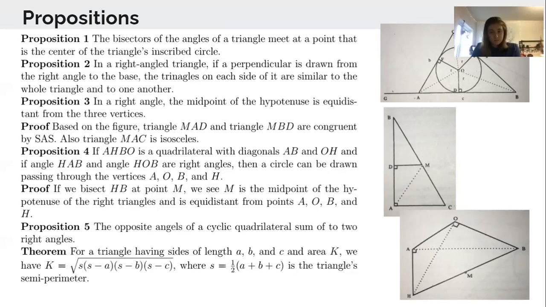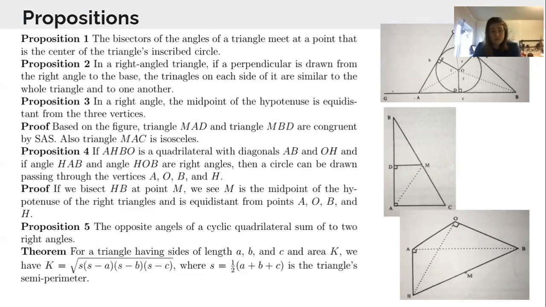So now we get to see what some of these propositions are starting to show. We see that triangle MAD and triangle MBD are congruent by side-angle-side. So that's pretty important. Not necessarily the isosceles part, but we're going to focus on those two triangles being congruent, and that'll help us in a little bit.